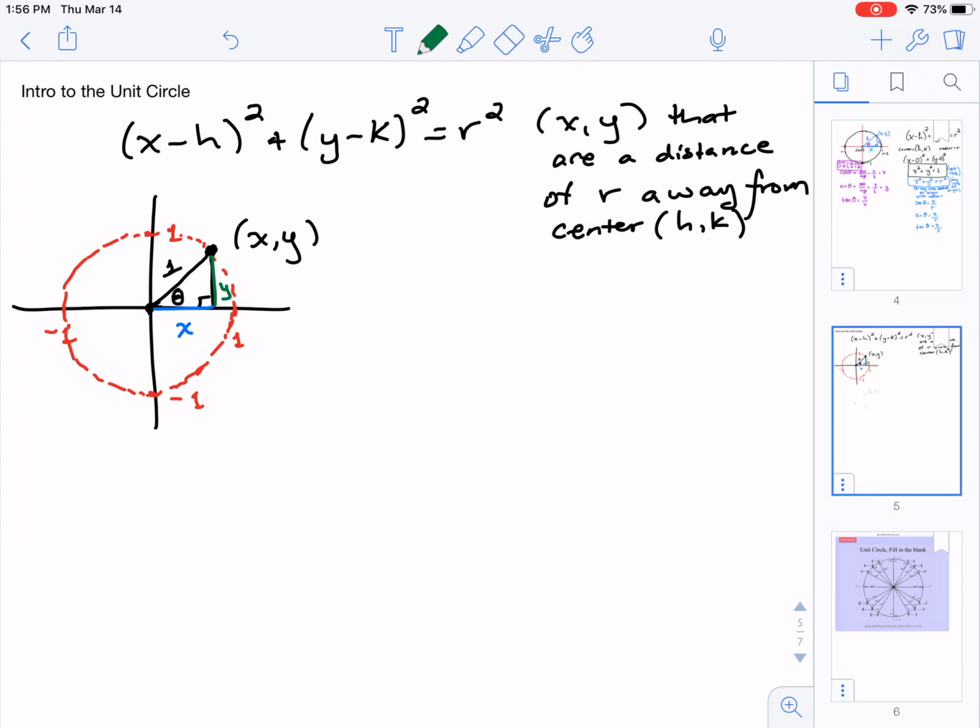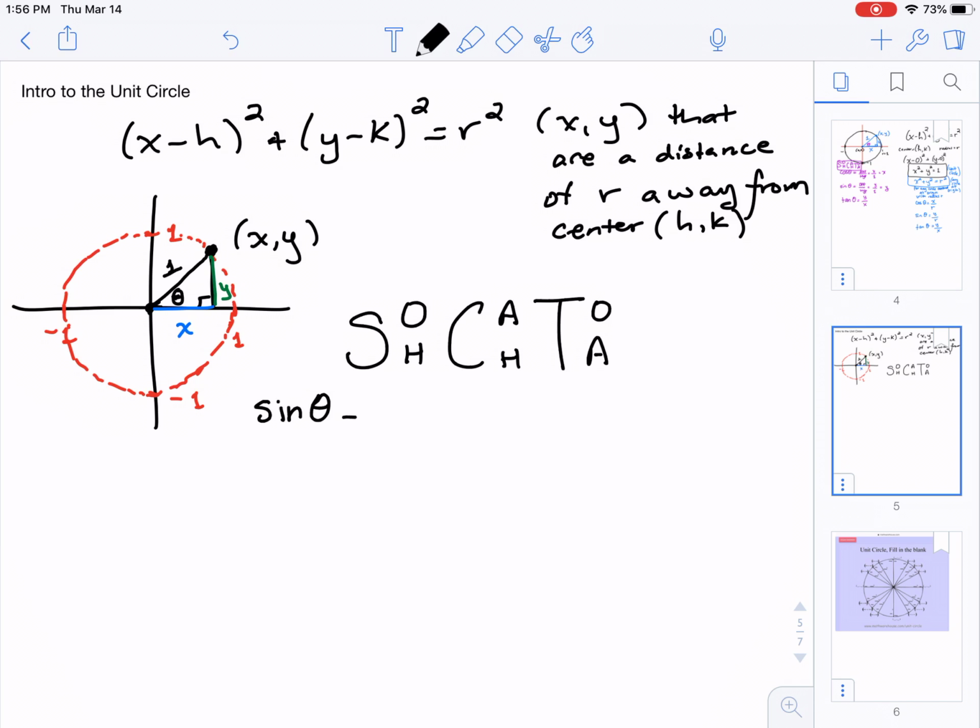What we can do next is describe the trig functions for theta. Sine is given by the ratio of the sides opposite and hypotenuse, cosine, adjacent and hypotenuse, tangent, opposite and adjacent. And so if I'm asking you to find the sine of this particular theta, what I want is the opposite side ratio to the hypotenuse.